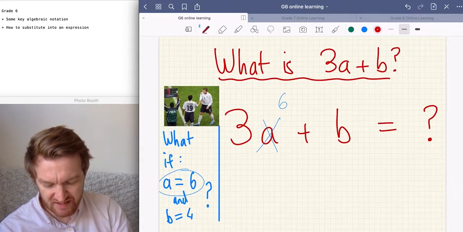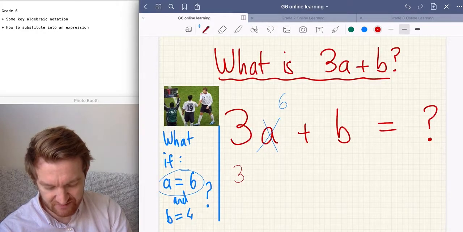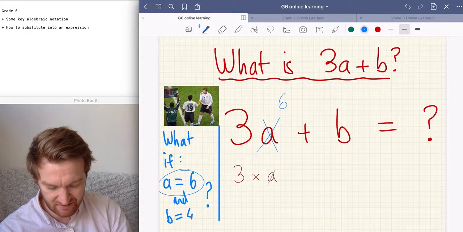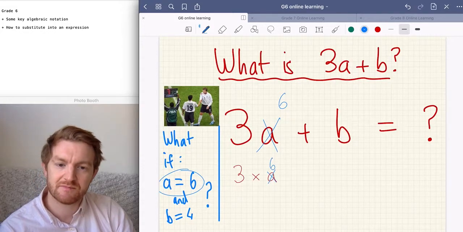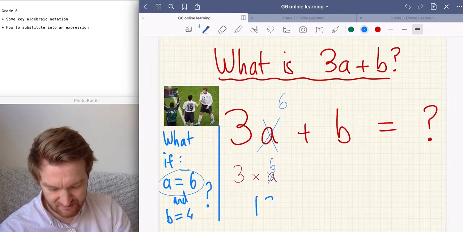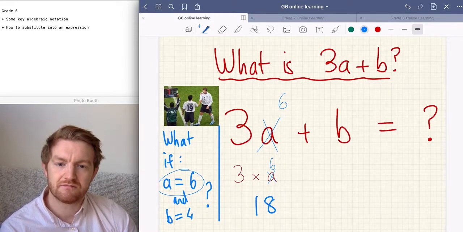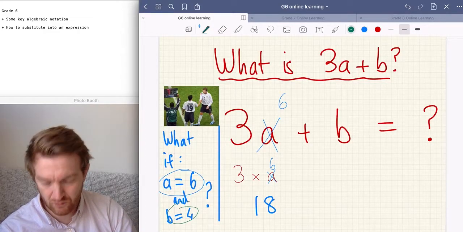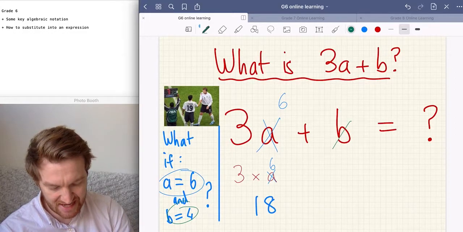But remember to be careful, because this 3A means 3 times A. We now know that A is 6. So 3 times 6 is 18. We know that B, because we've been told in the question, is 4. So I can take out the B and put in a 4.